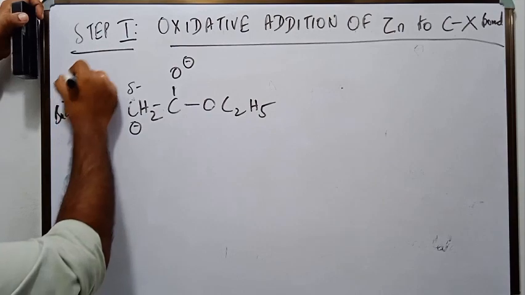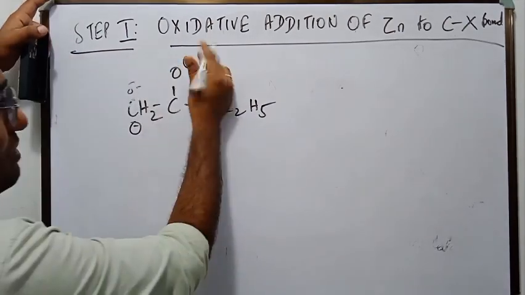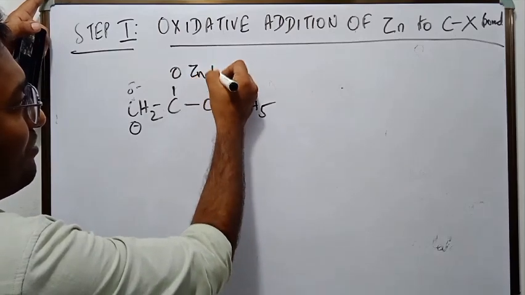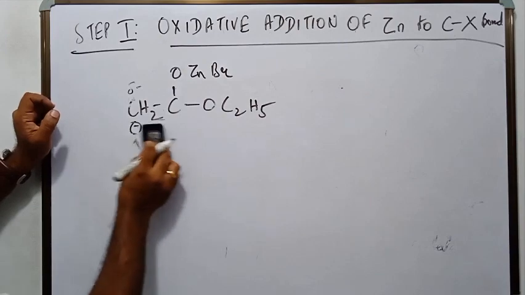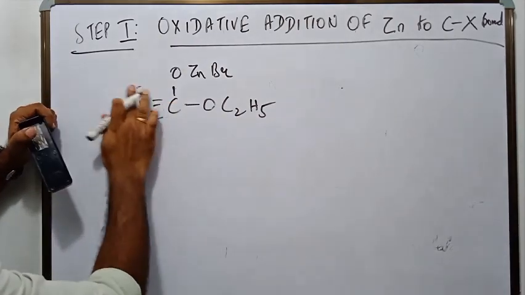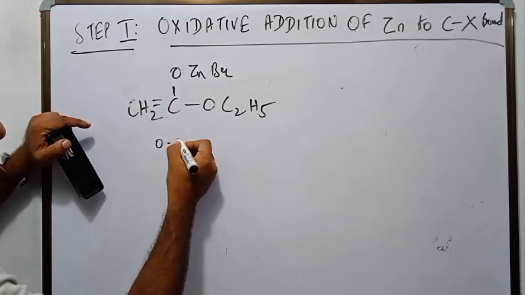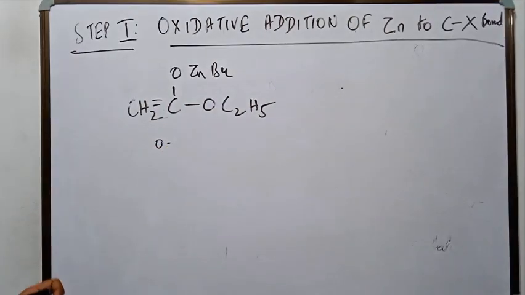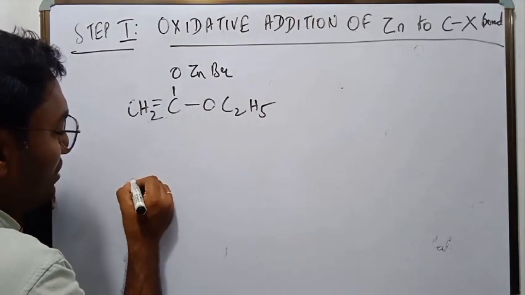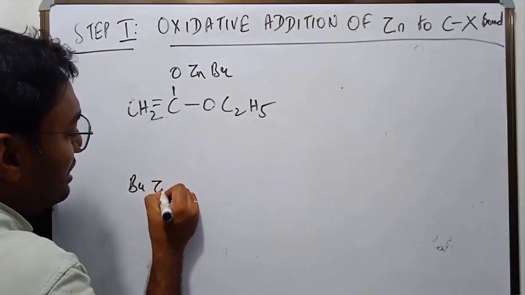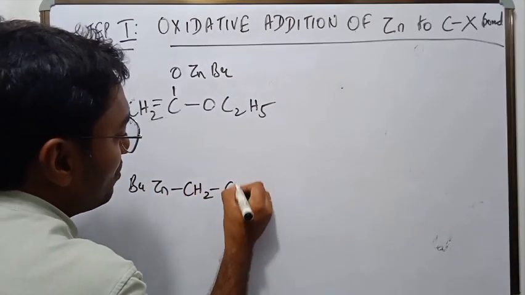Now it can attach here and become ZnBr, and this electron can come here and form the double bond. So now what we got is the oxygen zinc enolate. Both the carbon zinc enolate and the oxygen zinc enolate can coexist. They both are there.